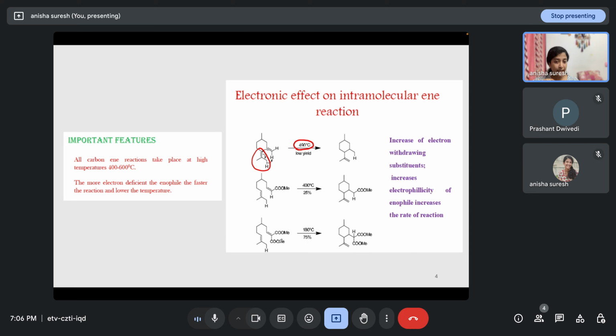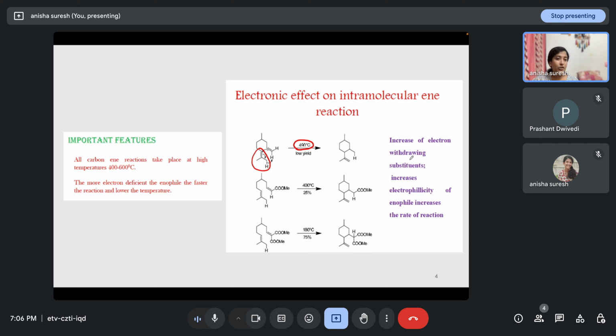You can see the temperature has been brought down to 180 degrees Celsius by substituting these hydrogens with COOMe, that is, by making the enophile more electron deficient. If the enophile becomes more electron deficient, the LUMO level will come down, so the HOMO-LUMO interaction will be more facile, and because of that the reaction will take place at a faster rate and the reaction temperature can be lowered.